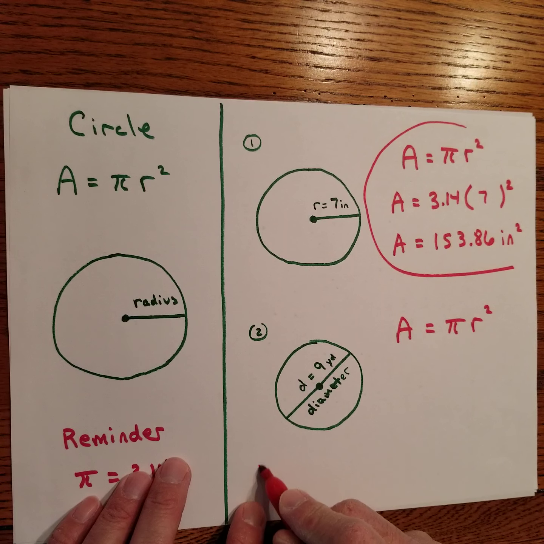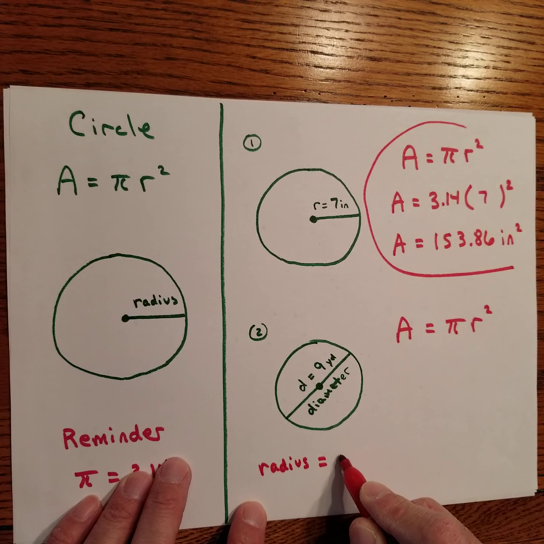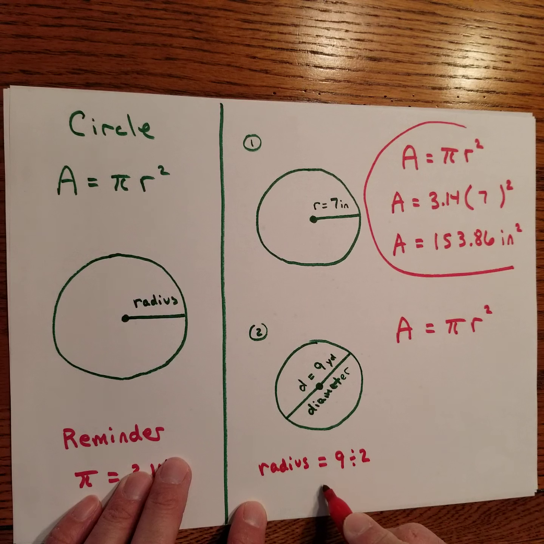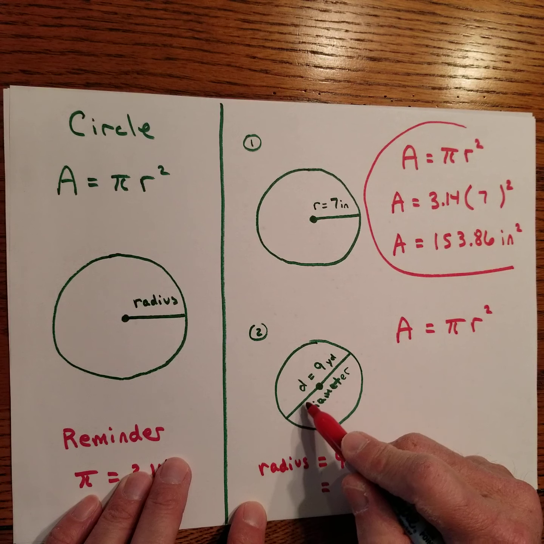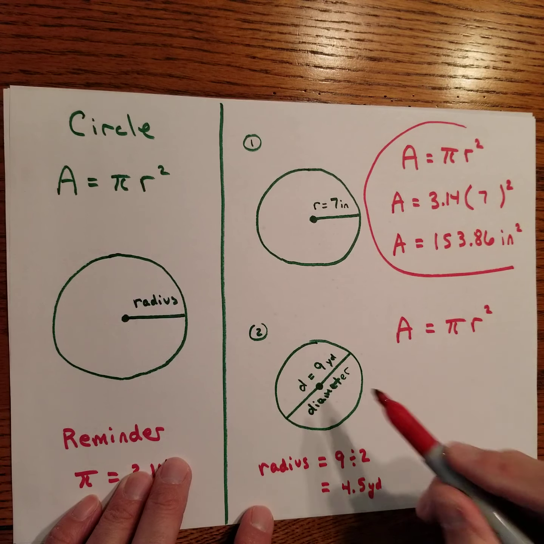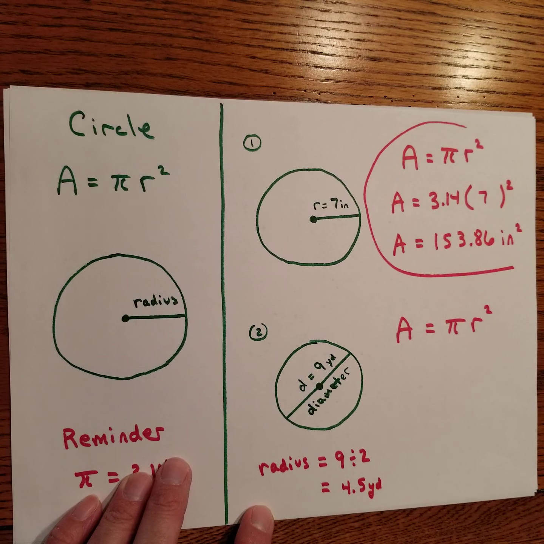Well, to get the radius, I'll take the diameter of 9 and cut it in half. If it's 9 all the way across the circle, well, 9 divided by 2 is 4.5. The radius from here to here would be 4.5 yards.